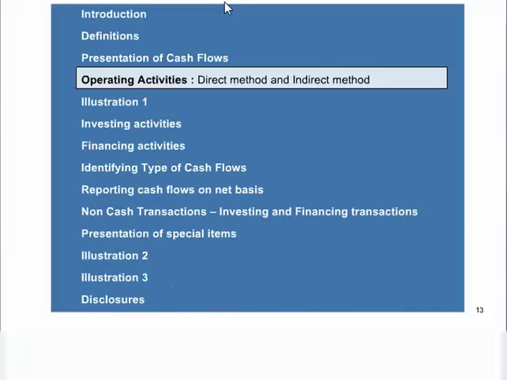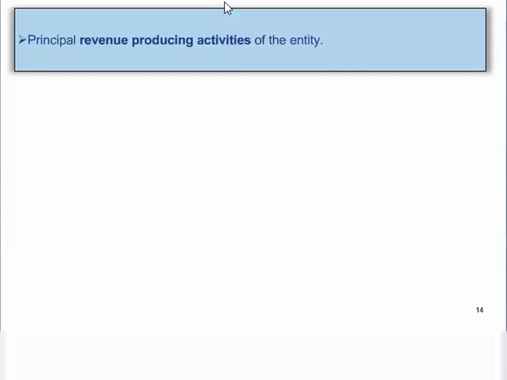So moving ahead, let's now understand the first part of presentation of cash flows, which is operating activities. The agenda items also mention direct method and indirect method. We'll understand that as we move ahead. Operating activities are the principal revenue producing activities of the entity.